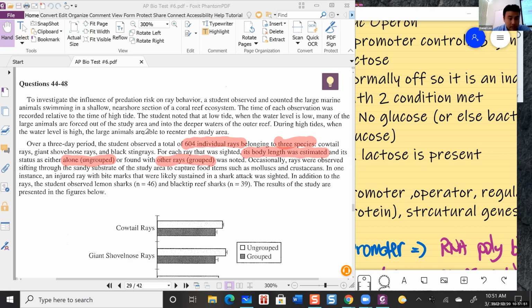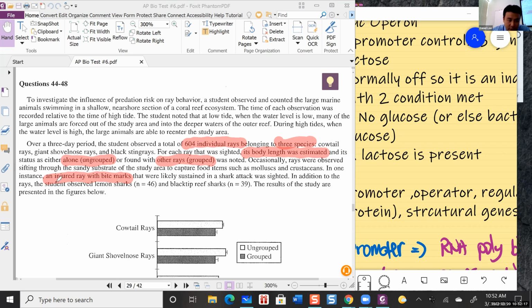Maybe they're alone. Okay. Occasionally, rays were observed sifting through the sandy substrate of the study area to capture food, such as mollusks and crustaceans. That's what they eat. So they dive their noses in the sandy area and try to find food. Okay. All right. In one instance, an injured ray with a bite mark that was likely sustained from a shark attack. So the predator sharks were sighted.